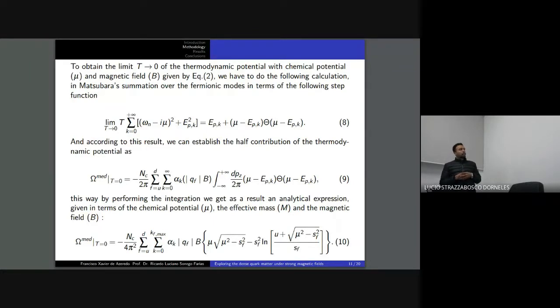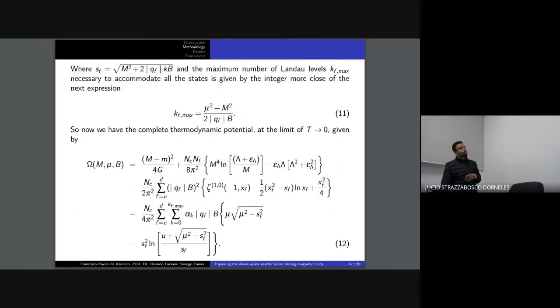This way, by performing the integration, we get an analytical expression given by equation 10. In equation 10, we have SF, which depends on the effective mass, the electric charge of the quarks, the magnetic field, and the Landau levels.